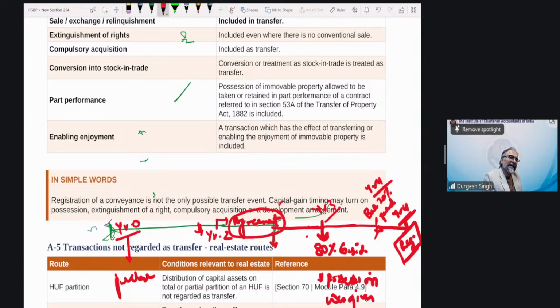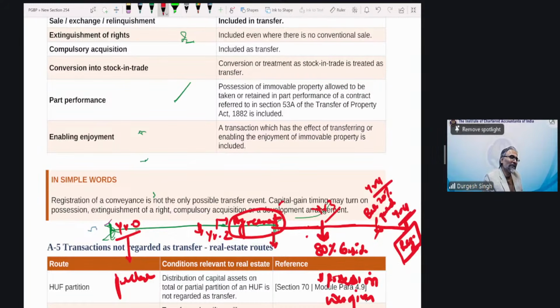Students, let me ask you this question. Let me see whether you recall that or not. There was one particular place where, by virtue of the possession, there was some entitlement given to the assessee.